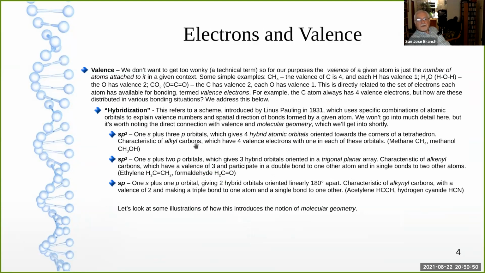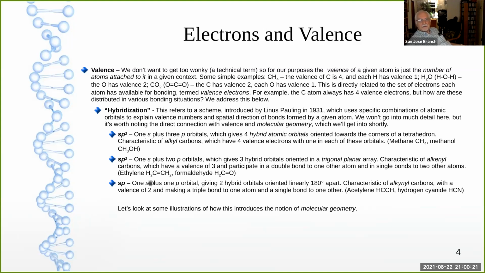Oh, I forgot to mention the terminology that's used with these types of hybridizations. So sp3 is characteristic of alkyl carbons, which have the 4 valence electrons in each one of those sp3 orbitals. sp2, the characteristic is alkenyl. They're characteristic of alkene compounds.